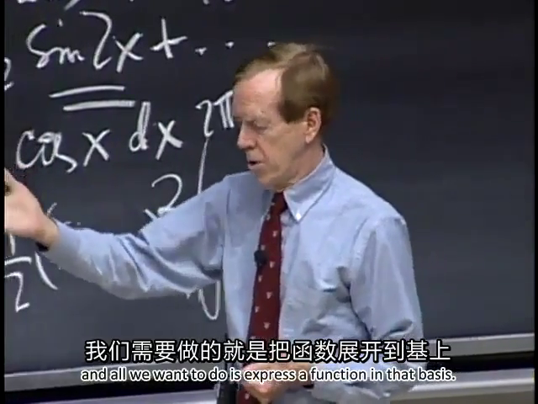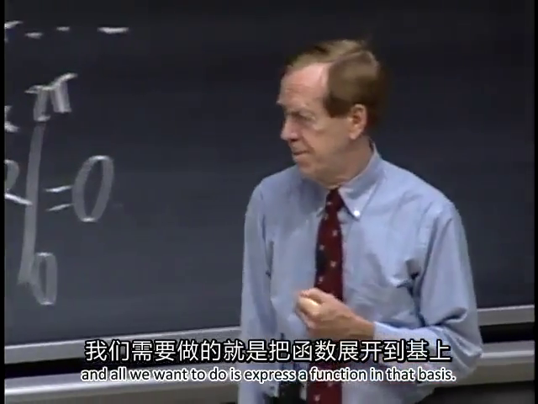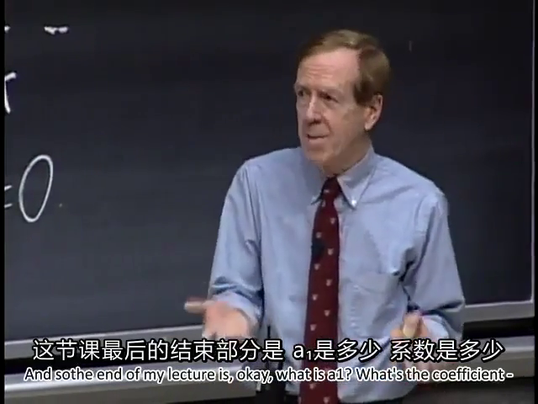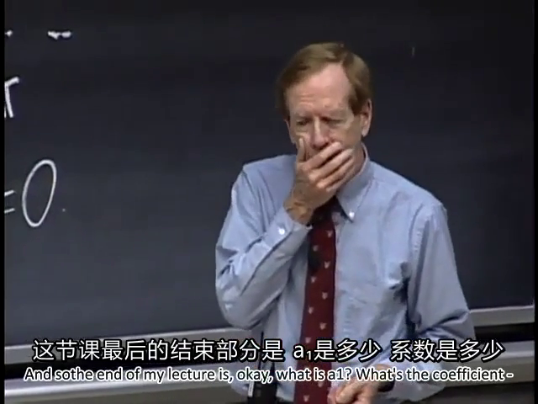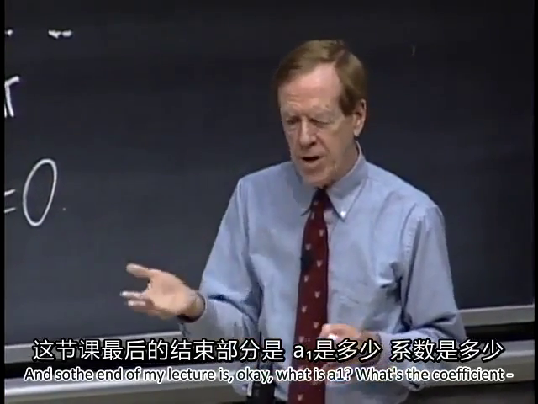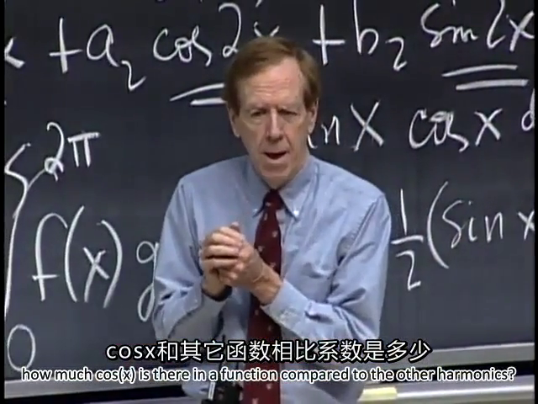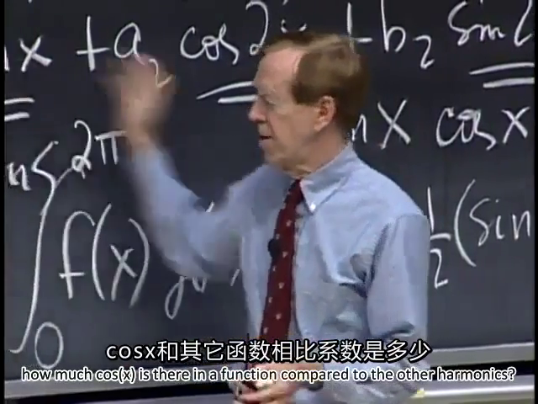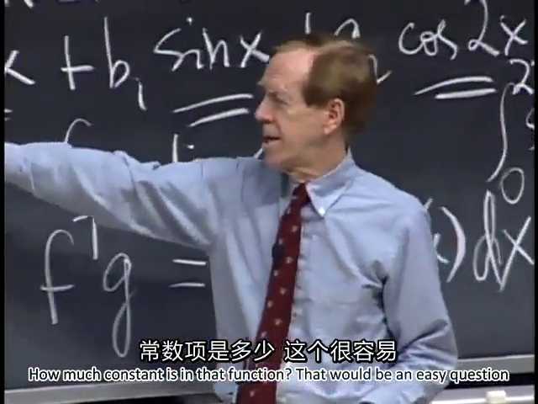And all we want to do is express a function in that basis. And so the end of my lecture is, OK, what is A1? What's the coefficient? How much cosine x is there in a function compared to the other harmonics? How much constant is in that function?